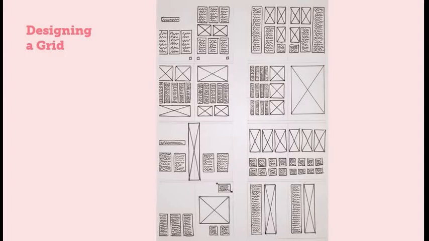The squiggly lines represent text, and the rectangles with X's in them denote images. So any sort of photograph, illustration, any visual is being denoted by an X'd out box, and the squiggles are being denoted by text blocks.